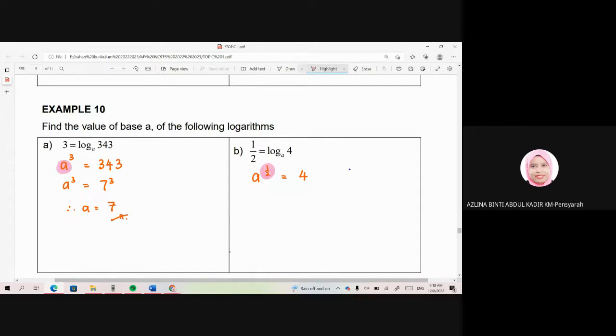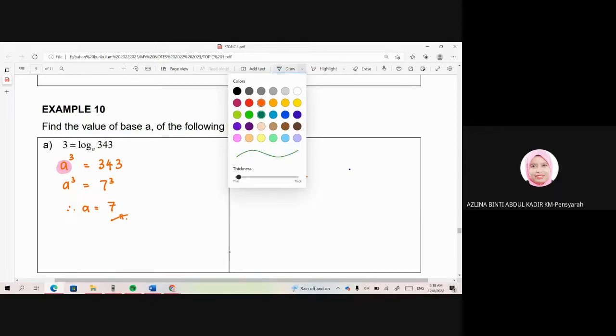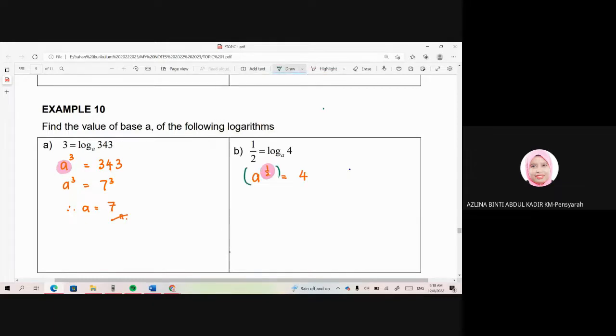The idea is you take power of 2 on both sides. Power of 2 means you can cancel out, so we get A. Boleh faham? So the value of A is equals to 16. Okay, next.